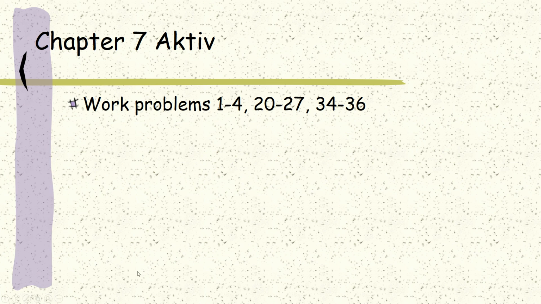All right, continue working in chapter 7 of Active. You should be able to do all of these problems. There are a few more that I had assigned. If you check back to yesterday's post, I have all of them that you can do assigned. There are going to be some things for prediction, but we need to know a couple more things to be able to predict the rest of it, so I'm going to do that tomorrow.